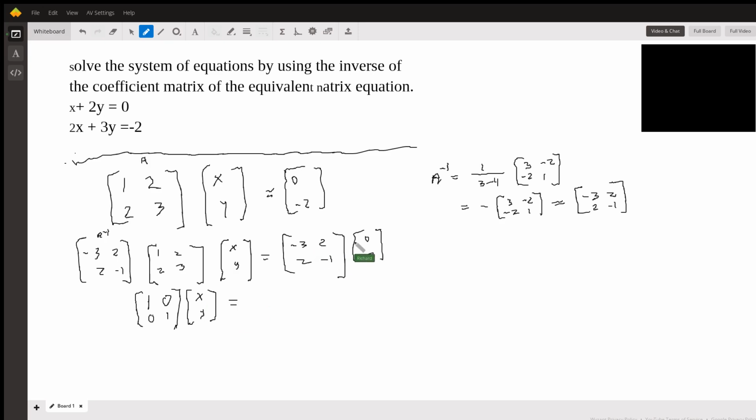And now we're going to multiply through here. So it's going to be -3 times 0 is 0. 2 times 2 is 4. And then 2 times 0 is 0. -1 times 2 is -2. And now if you multiply on the left-hand side, I'm going to put it over here, running out of space. I'm going to get x, y is equal to 4, -2.